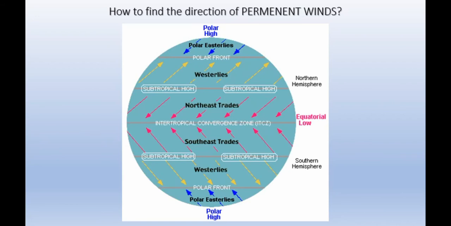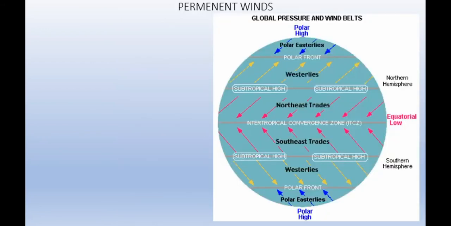Then we are moving towards the subtropical high pressure region. In both the northern and southern hemisphere you can see the westerlies. Westerlies wind is also known as anti-trade winds. It is not supporting the traders, that is why it is known as anti-trade winds.